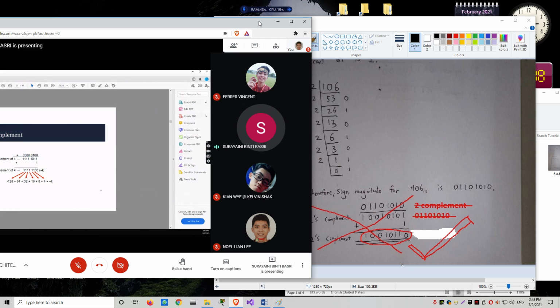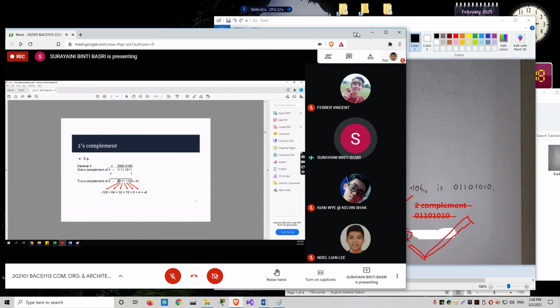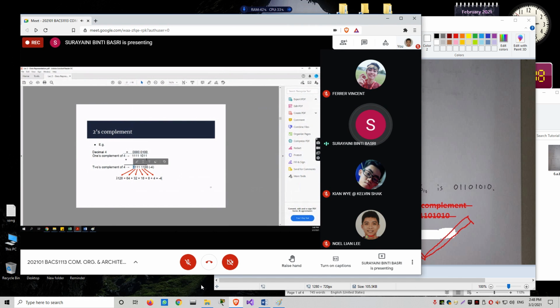Okay, so there's a fact that I think I didn't highlight to you guys previously, which is you make the most significant bit to be negative 128. It is the formula.